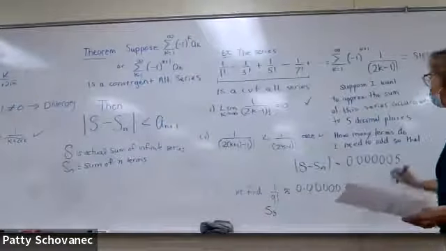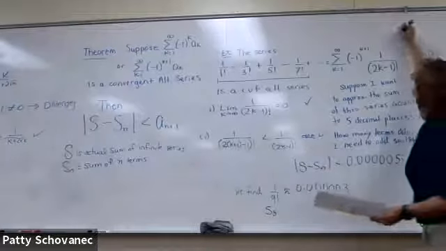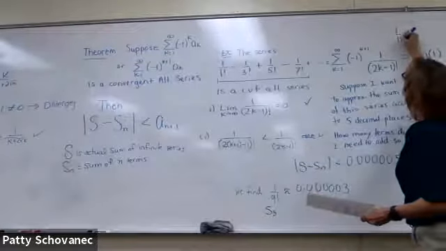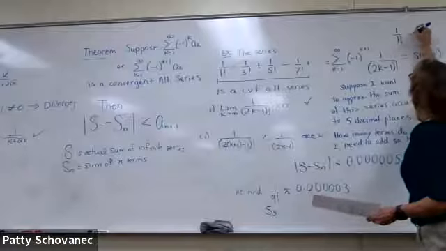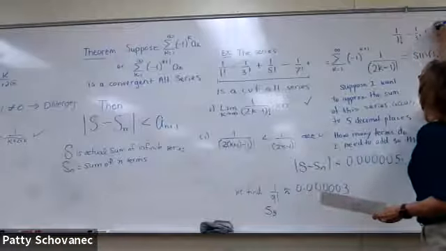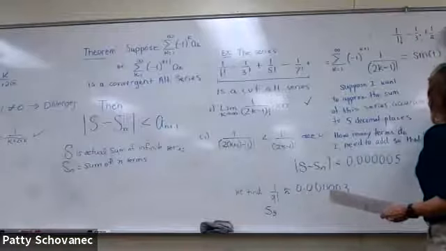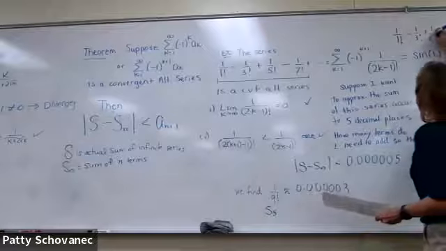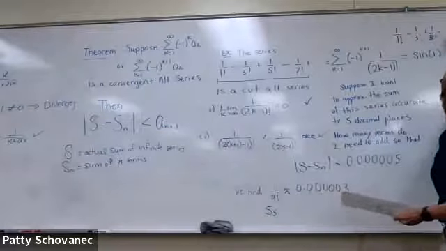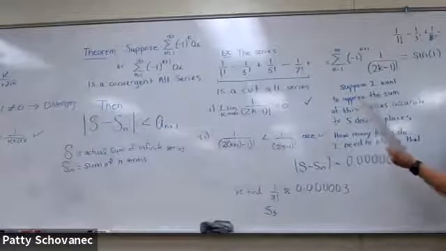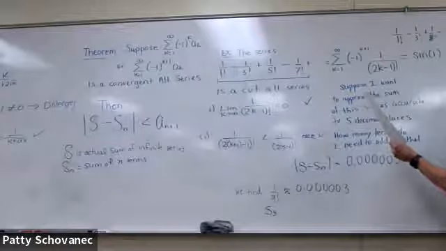If I add up 1 over 1 factorial minus 1 over 3 factorial plus 1 over 5 factorial minus 1 over 7 factorial, I get something like 0.84147.